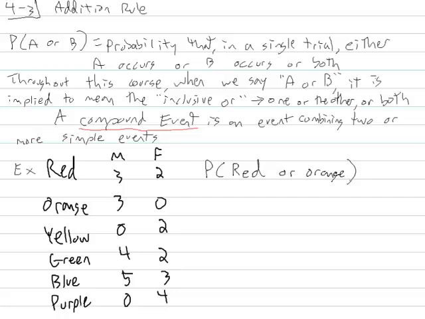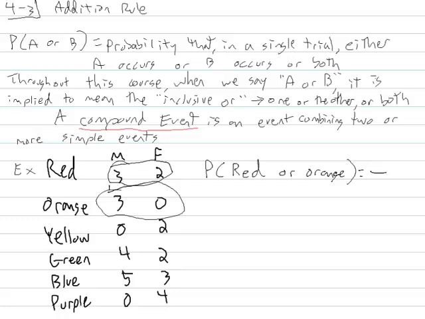Well, using the classical approach to probability, I simply add up the number of outcomes that satisfy this compound event. Here I have 5 outcomes, people in this case, who would say their favorite color is red, and 3 outcomes who would say their favorite color is orange.